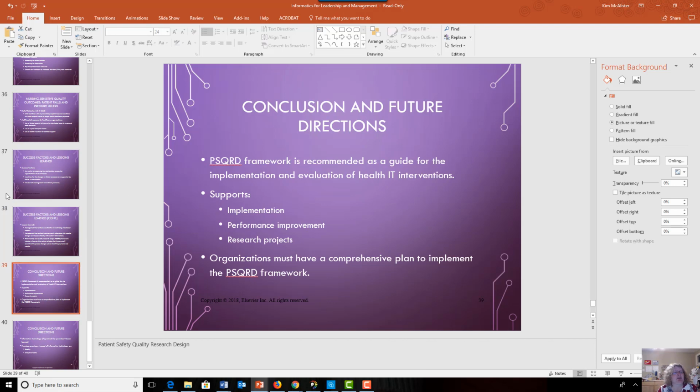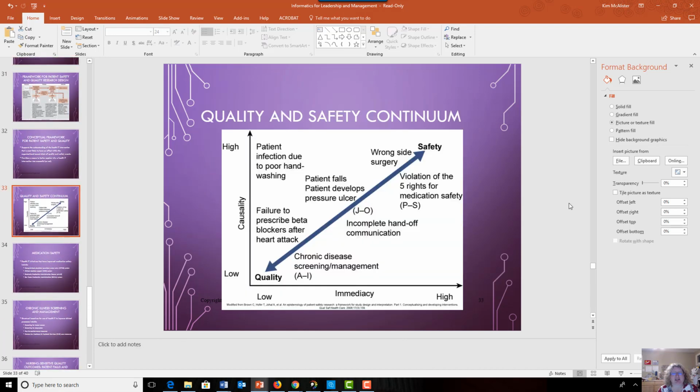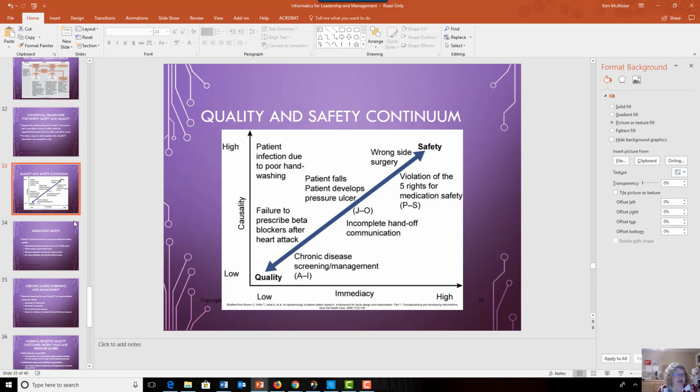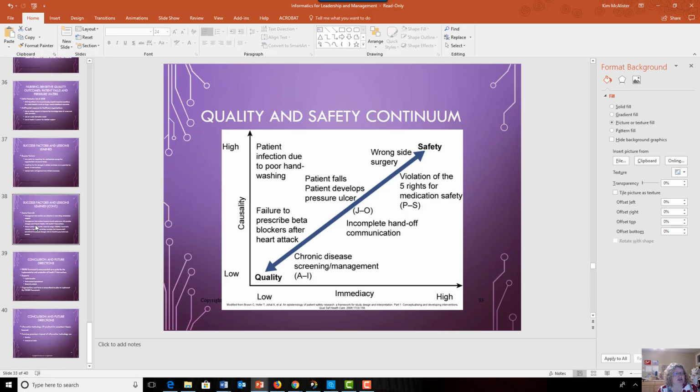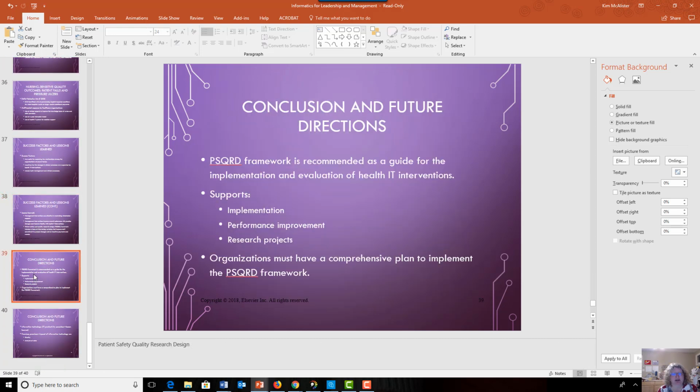And this framework basically refers back to this quality and safety continuum. So where did we go? There we are. And through our healthcare information system, we can track our implementation, the performance management, and also research projects.